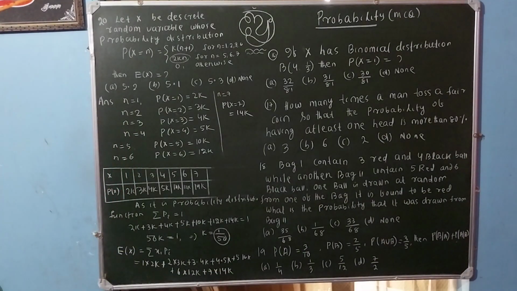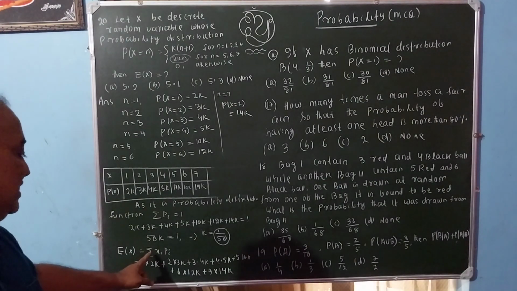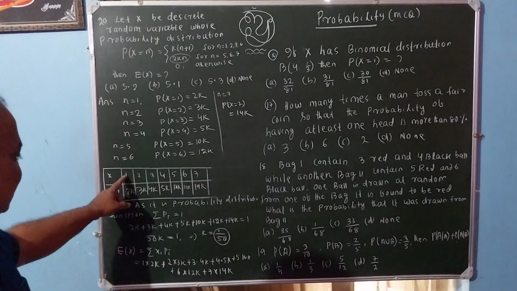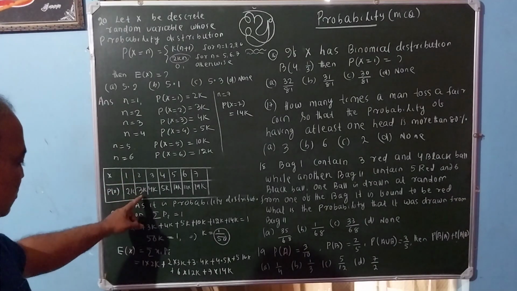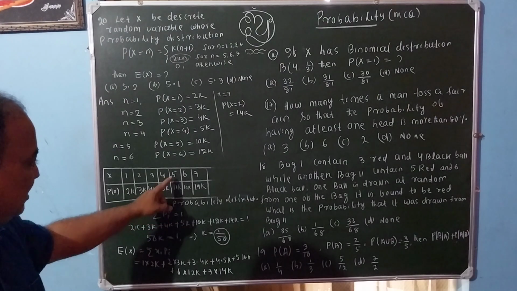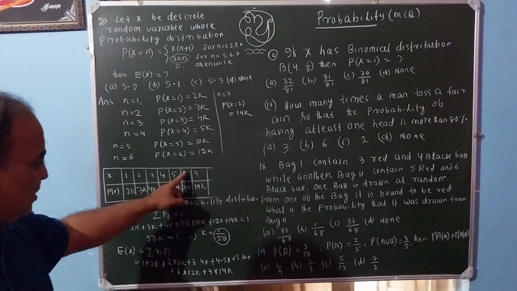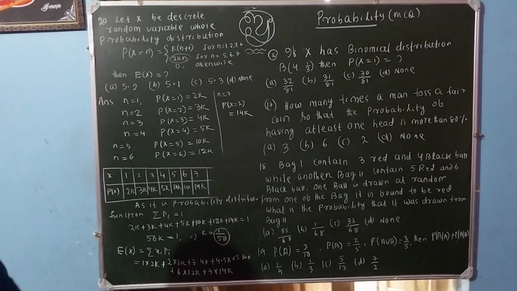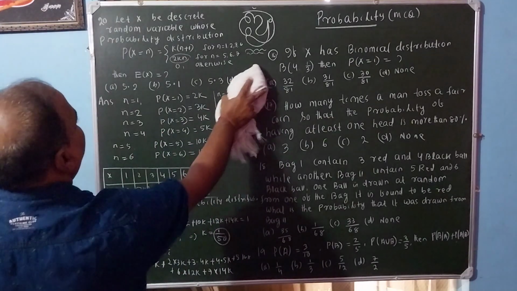This is the value of expectation. Expectation means summation of xi into pi. So now I am writing out the simplification.